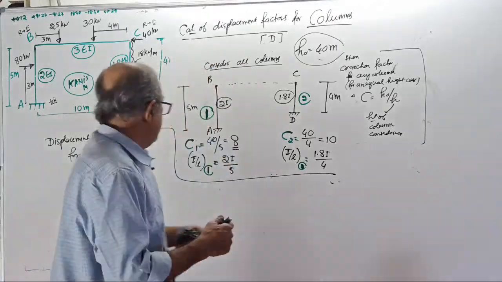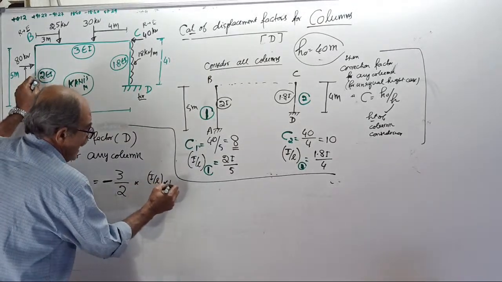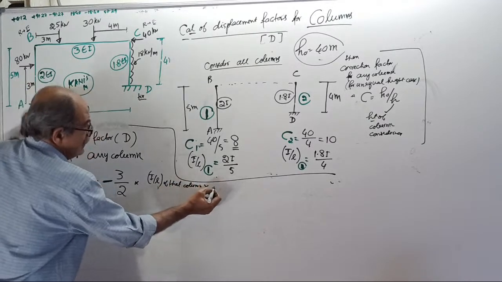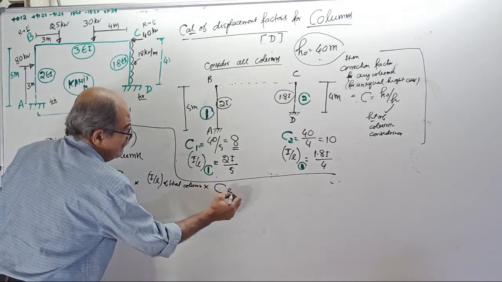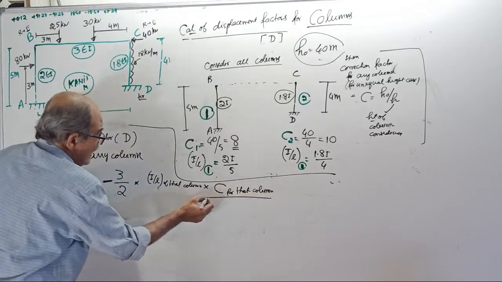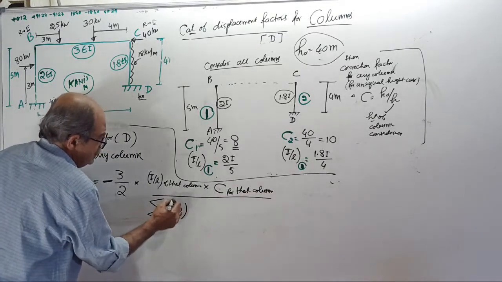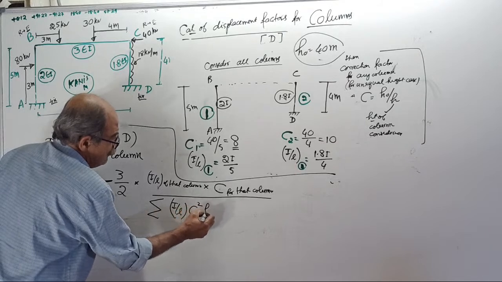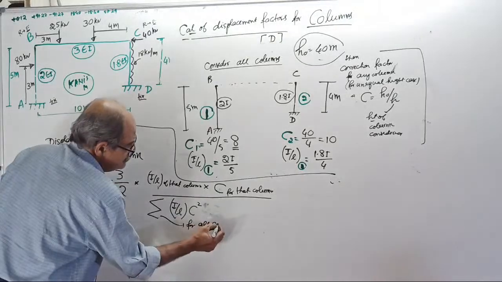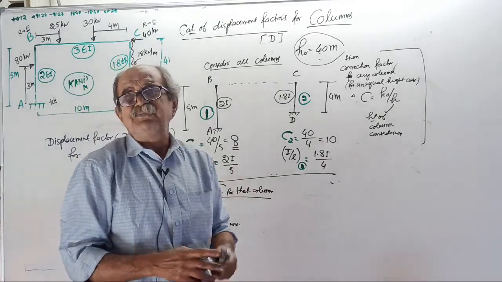Minus 3 by 2 into I by L of that column into the correction factor C for that column, divided by summation of I by L into C square. Summation means for all columns. Clear now? Displacement factor for any column.